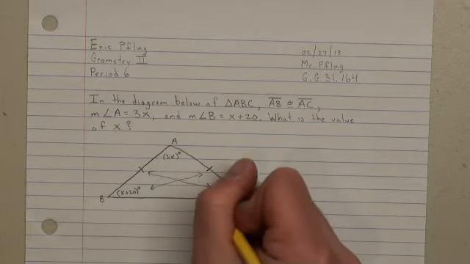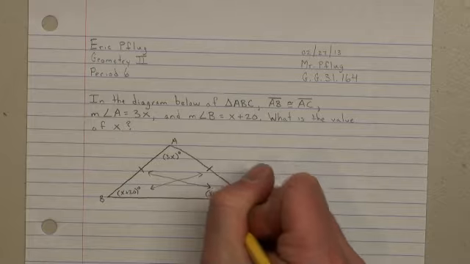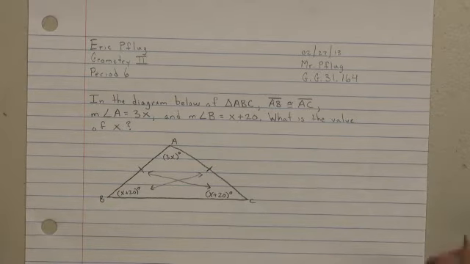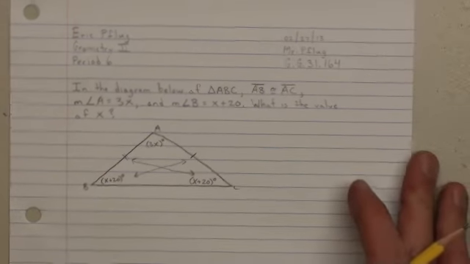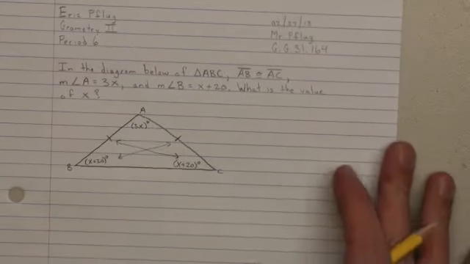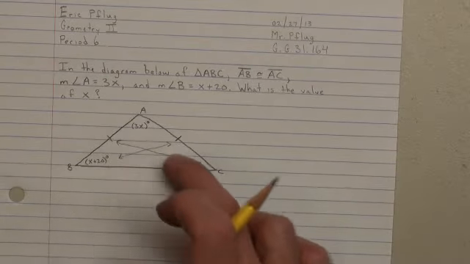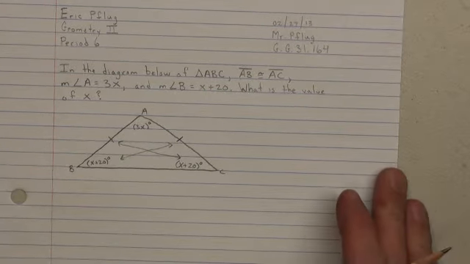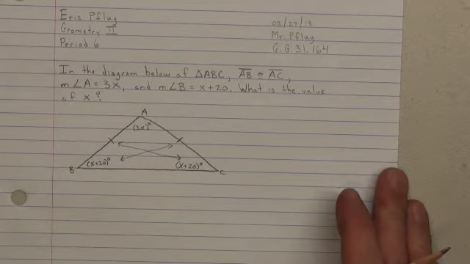So if this is x plus 20, then we know that this is also x plus 20 degrees. That helps us because now we can write an equation that adds all of these angles up and sets them equal to 180, right? Because all the angles in a triangle add up to 180.